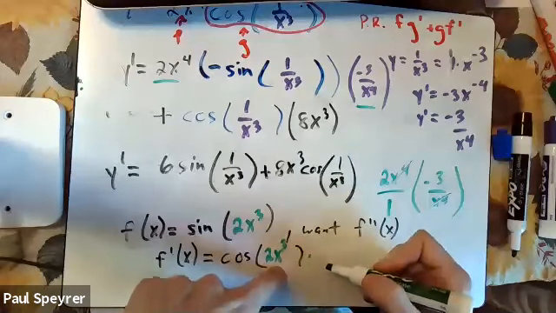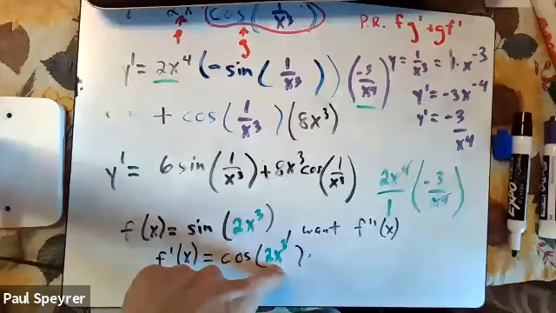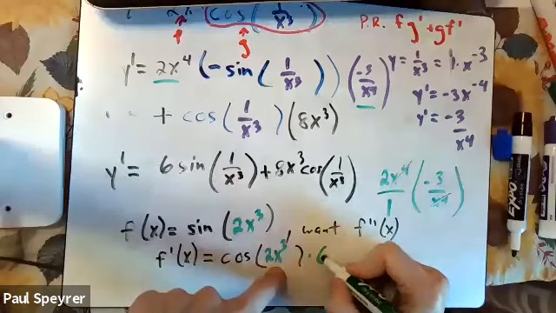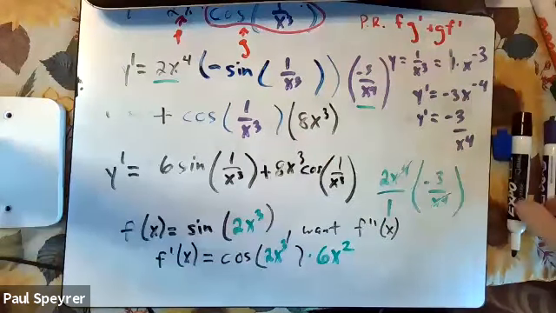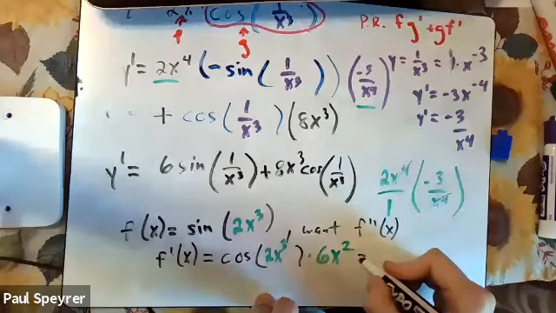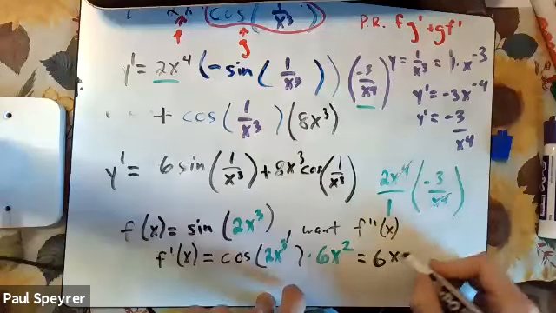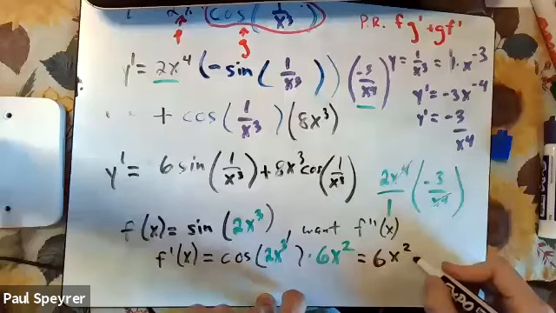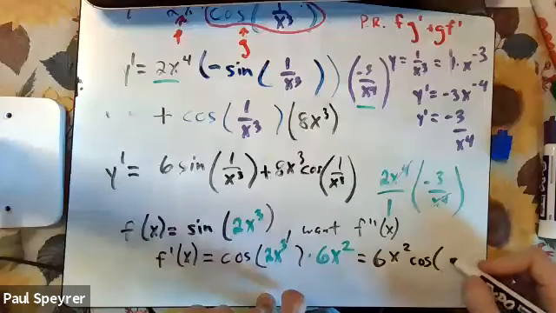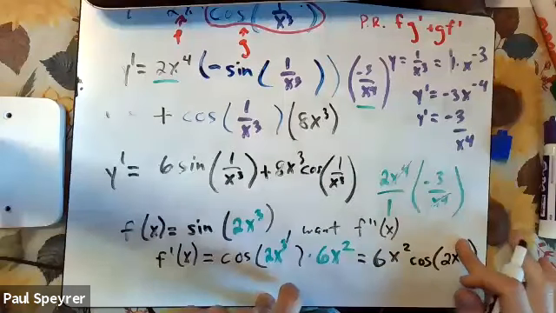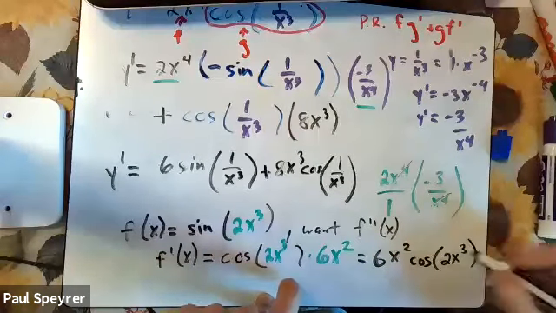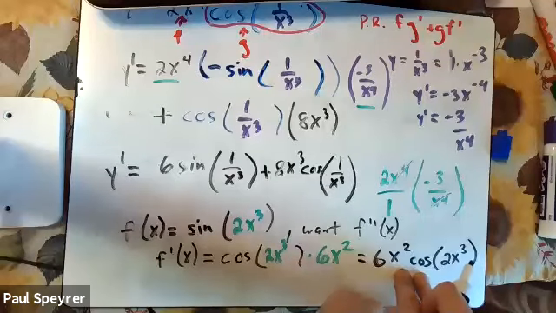What's the derivative of 2x cubed? That is 6x squared. So now this is basically 6x squared cosine of 2x cubed.